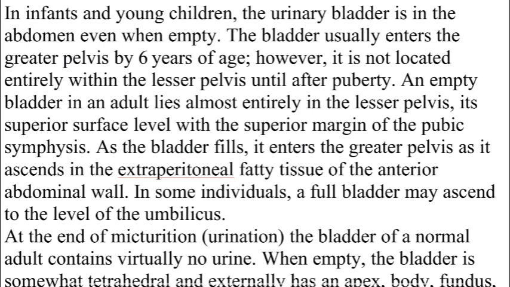When empty, the bladder is somewhat tetrahedral in shape, and externally it has an apex, body, fundus, and neck. The bladder has four surfaces: the superior, the posterior, and two inferolateral surfaces.